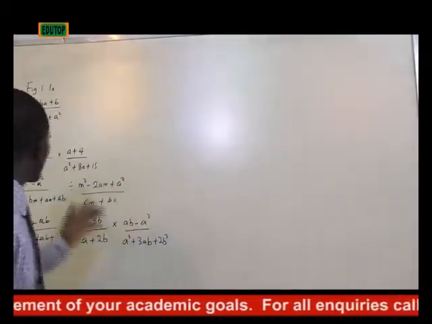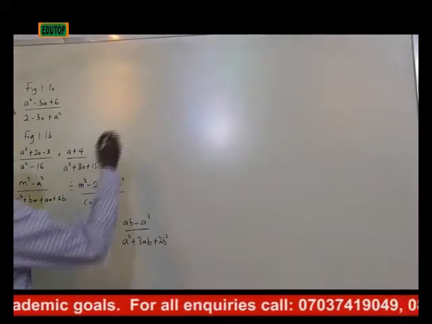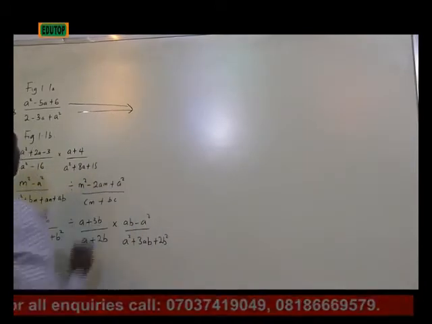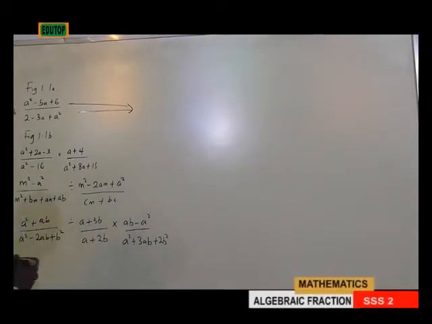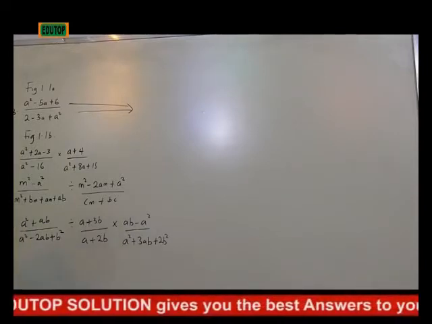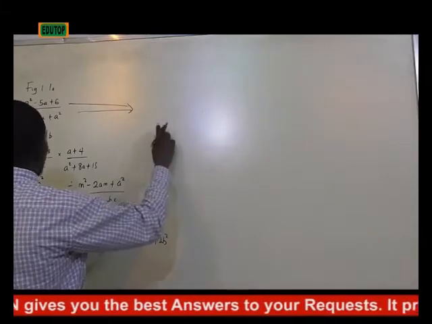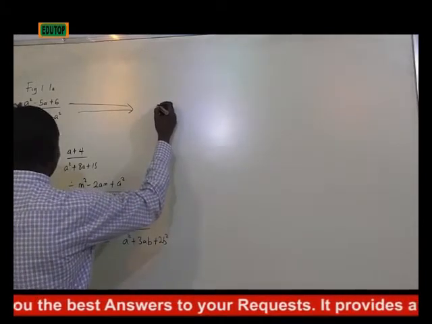The third question of figure 1.1a, which is this. We have a squared minus 5a plus 6, and the denominator is 2 minus 3a plus a squared. So this is a quadratic expression.